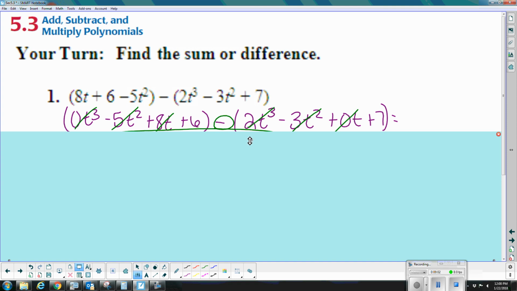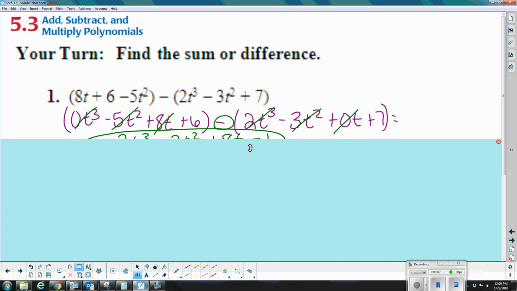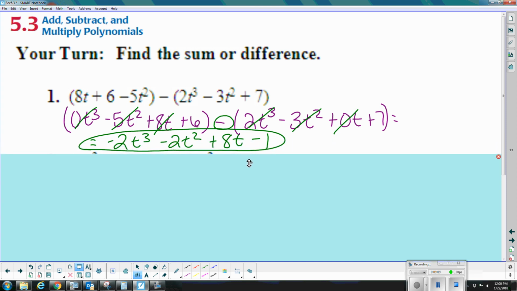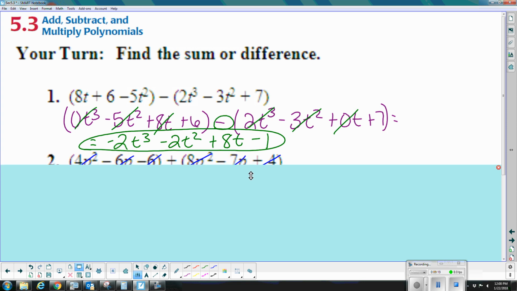And again, I include those zeros just when I'm showing my work, just so that I can organize my like terms a little more easily. So your final answer should be negative 2t cubed minus 2t squared plus 8t minus 1. So don't forget to distribute that negative sign to each term.